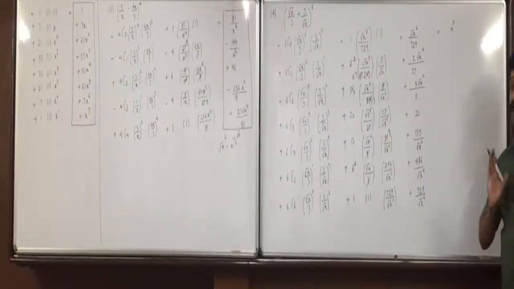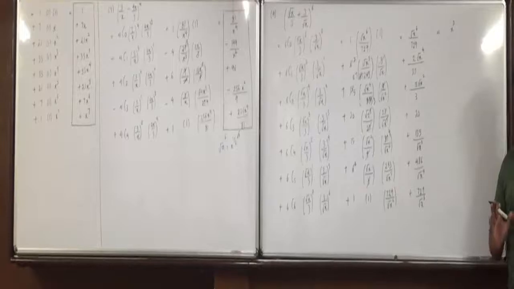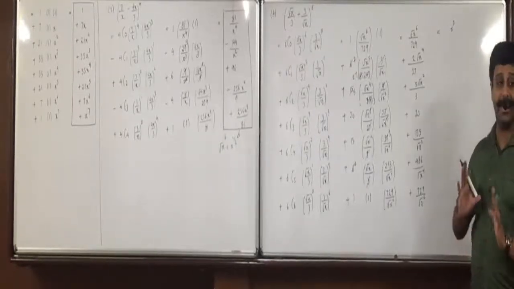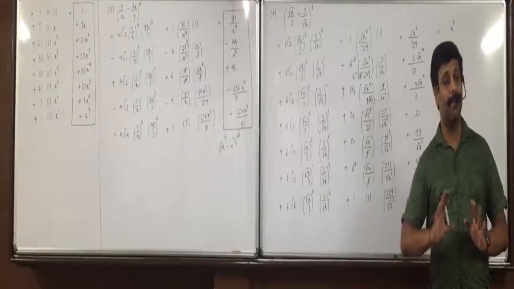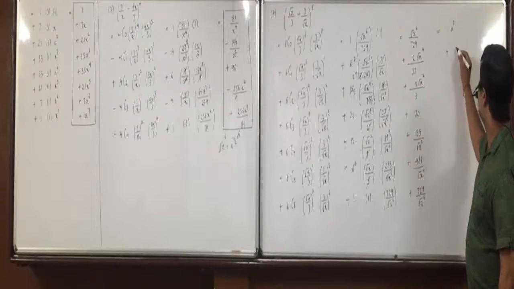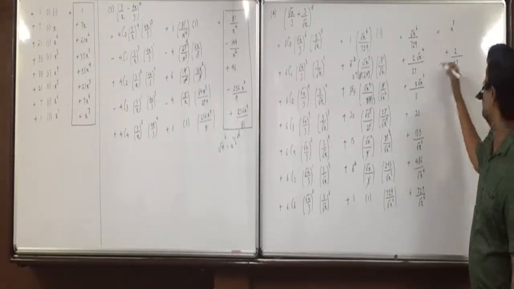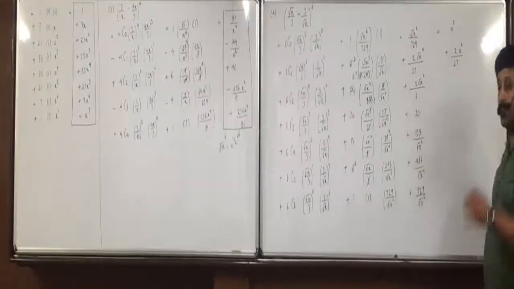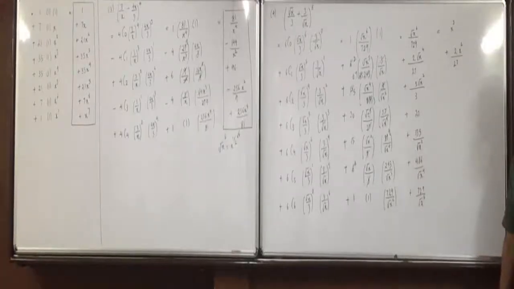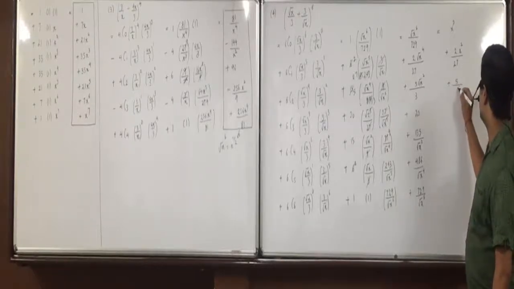I am giving you a very simple method because I know why you have opted for commerce. Mathematics is a big trouble. So I am giving you very simple methods to do it. Understood, everyone? Make the powers half. Plus 2 upon 27. What is half of 4? So x raised to 2. Able to understand this? Plus 5 upon 3.